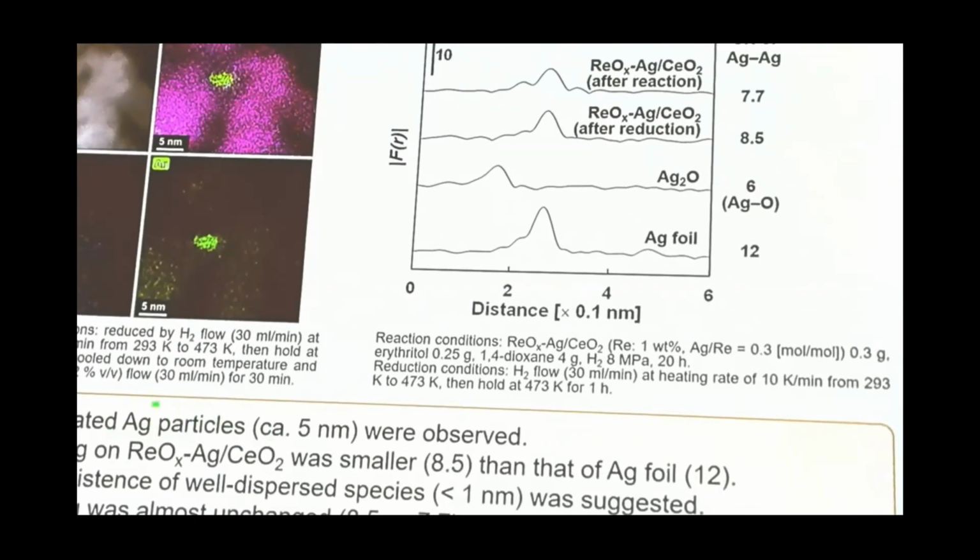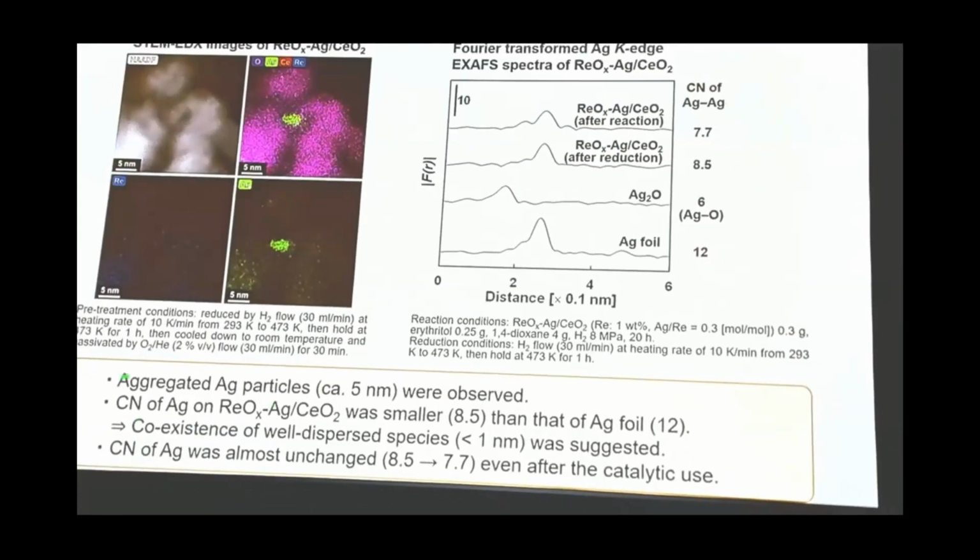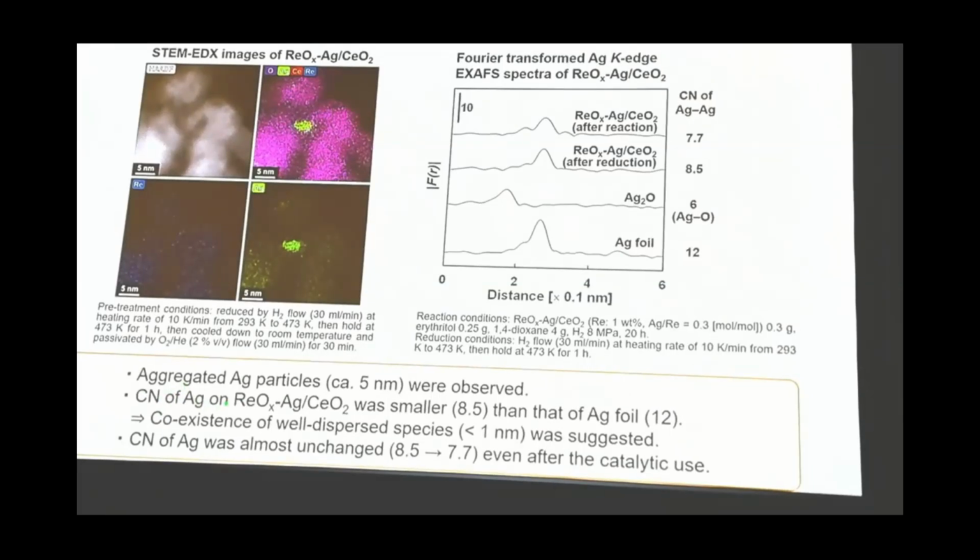Aggregated silver particles were observed, and the coordination number of silver is not so high, which is much smaller than the case of the silver foil. This suggests that the existence of well-dispersed species was suggested.